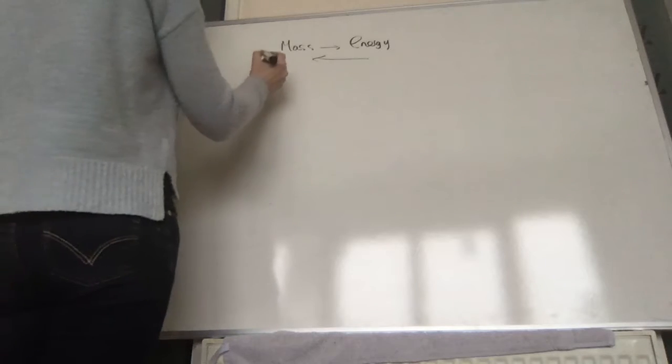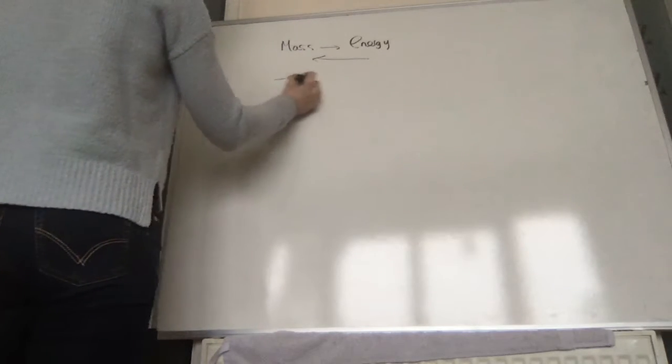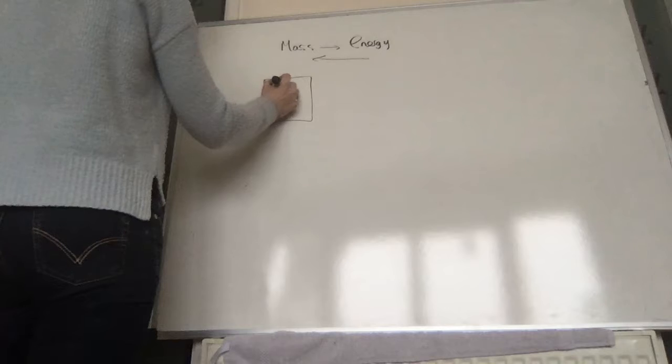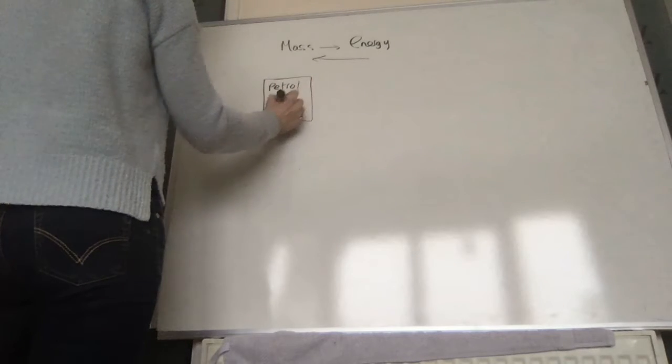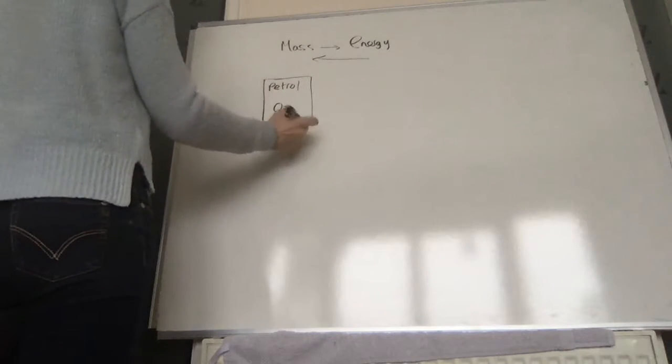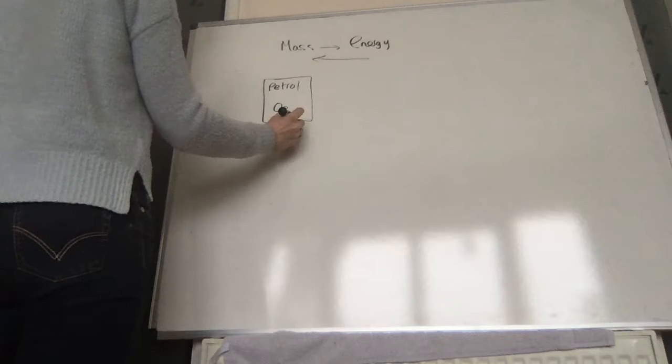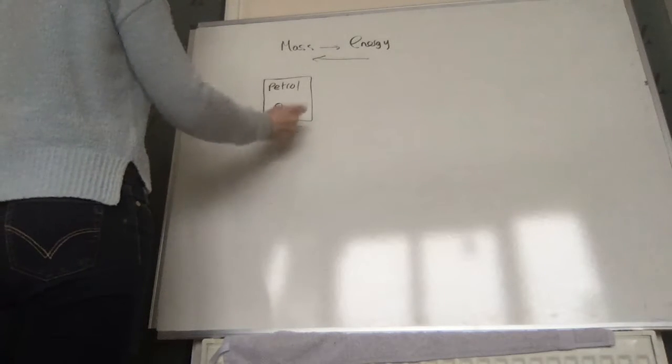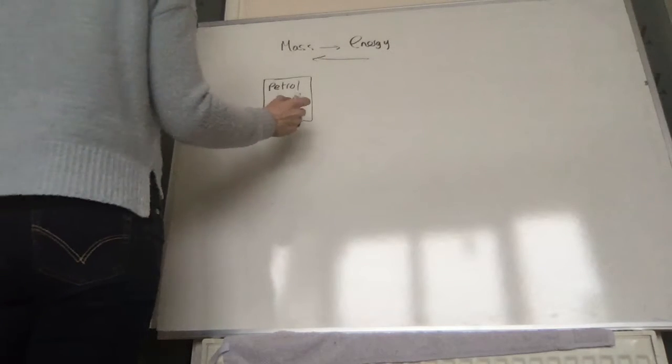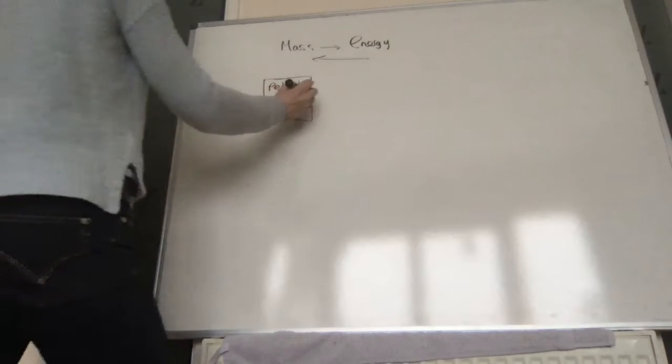Okay, and basically an example of that is if you take petrol and oxygen, you put them into a container and you burn them. There will be a reaction that will take place and energy will be released.